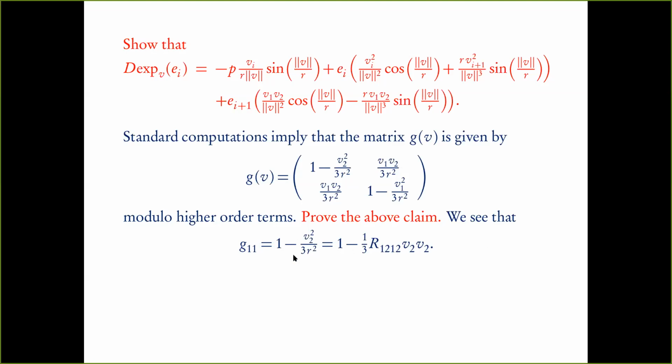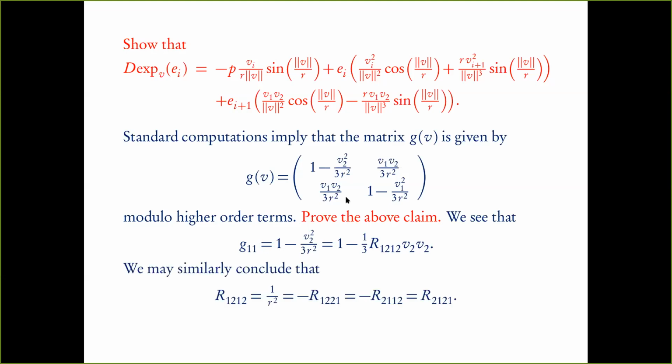On the other hand, in our computation we get v2 square up to minus 1/3 into 1 over r square. So if I compare the two, I get r1212 is 1 over r square, which is the Gaussian curvature. And that is because E1, E2 is an orthonormal basis at P, so we don't have to normalize. It is 1, 0, 0, 1.